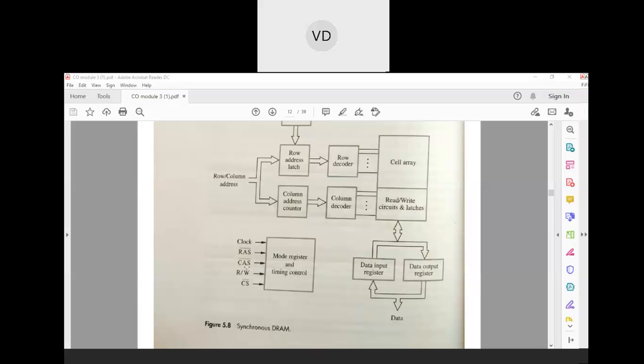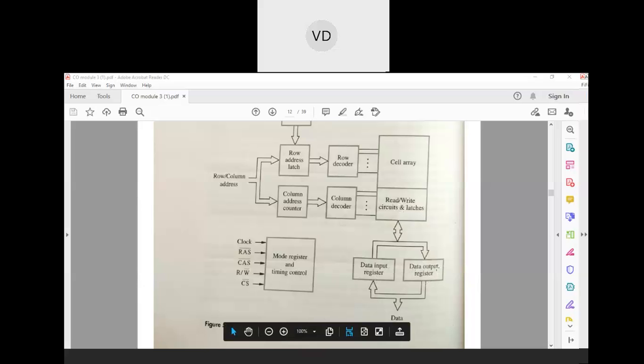When the CAS signal is generated, the column address will be kept in this column address counter. Then it will be given to the column decoder. Using the row address and the column address, that complete row and column will be selected. Using the read write signal, the data will be transferred either to the input register or to the output register.